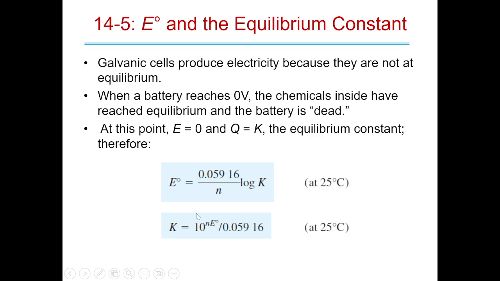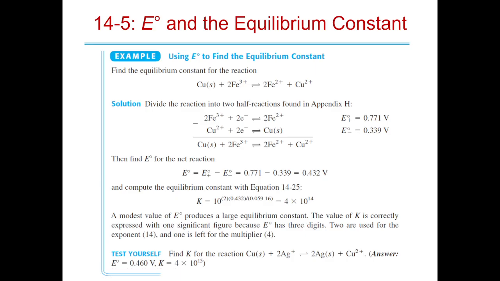You can actually rearrange this. K equals 10 to the power of n times E naught divided by this value right here. It's just solving that for the K. You don't really have to memorize it. As long as you got one, you'll be able to get to the others.